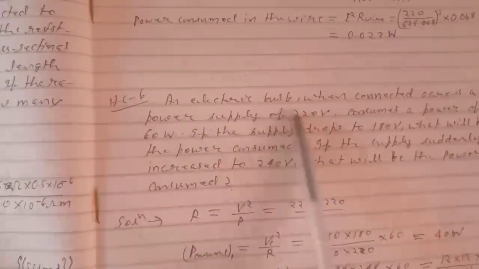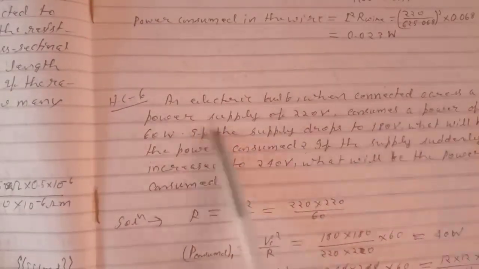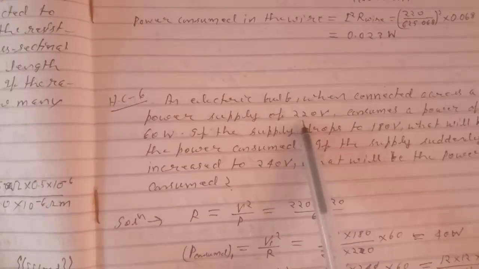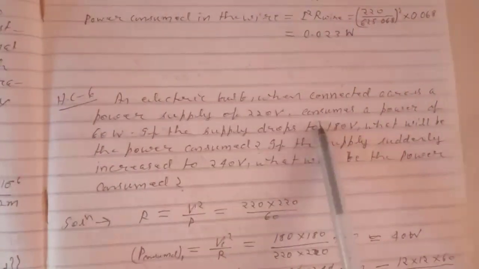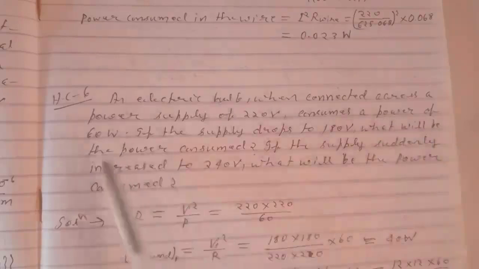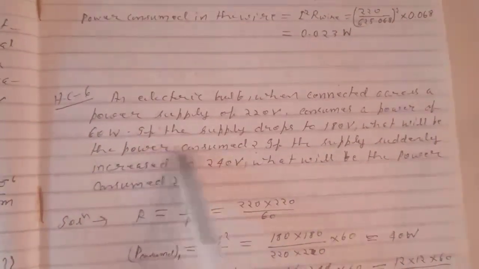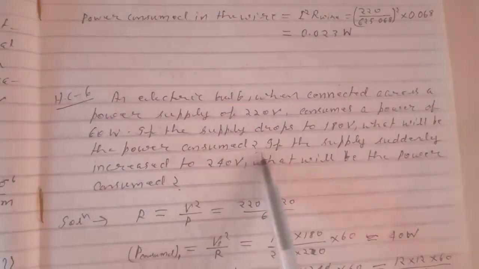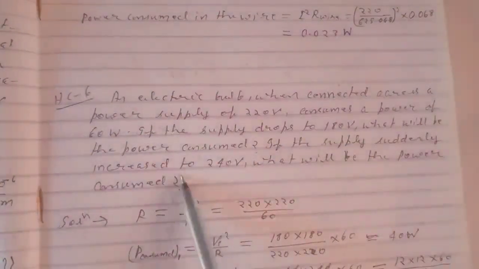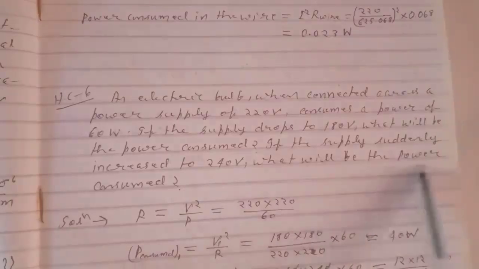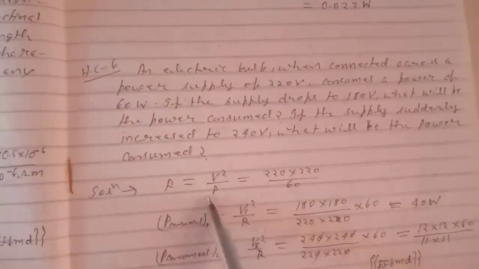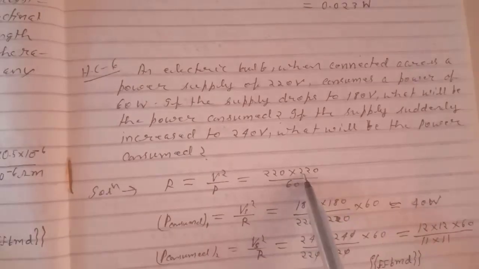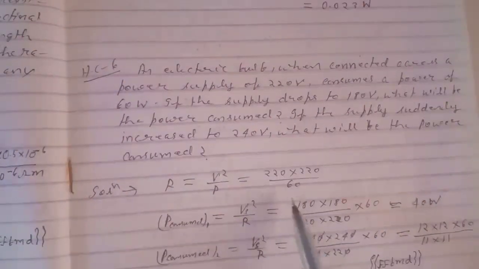Next, an electric bulb when connected across a power supply of 220 volt consumed a power of 60 watt. If the supply drops to 180 volt, what will be the power consumed? If the supply suddenly increases to 240 volt, what will be the power consumed? We have R equal to V rated square by P rated, so 220 into 220 by 60.